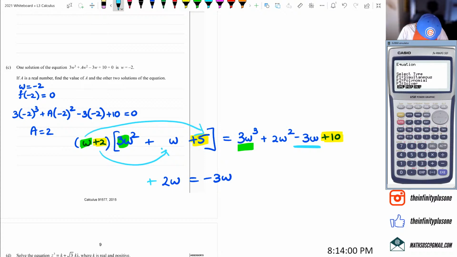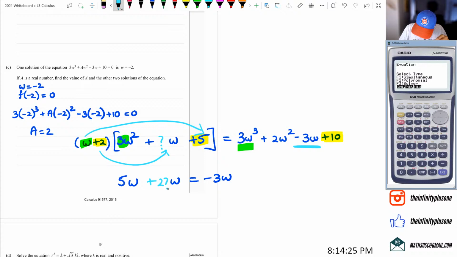Yeah, that's more like it, because then I'm going to get 5w plus 2, whatever that thing is, w is equal to... I don't know what that is, that's a question mark there. So 2 times question mark w is equal to minus 3w is what I'm going to get. Yeah, I think that's what I'm trying to get at.